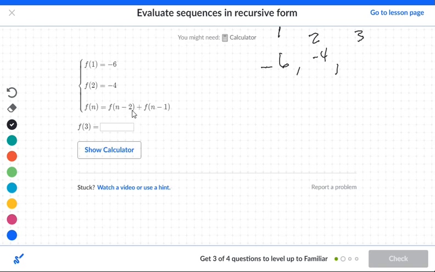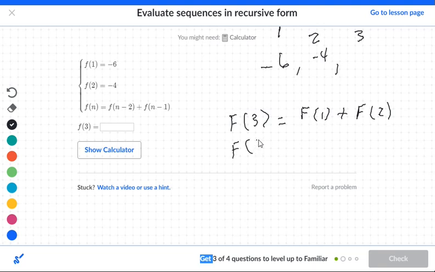Well, right here, a simple way of doing this would be to think of f of 3 being made up of the value of f of 1. So let me make this into an equal sign. So what happens here is f of 3 is equal to f of 1 plus f of 2.